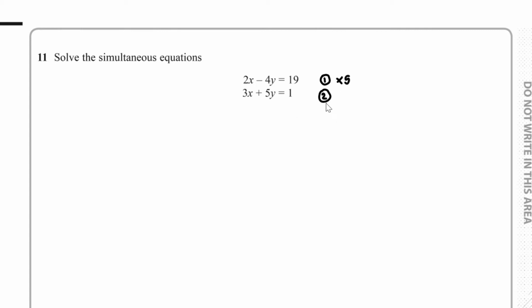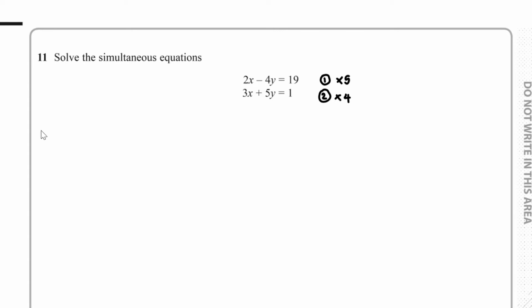And we will multiply equation 2 by 4, which is the coefficient of y in equation 1, ignoring any signs. So we will multiply the second equation by 4.